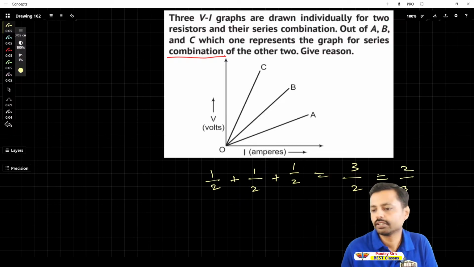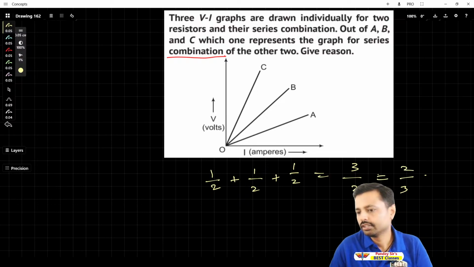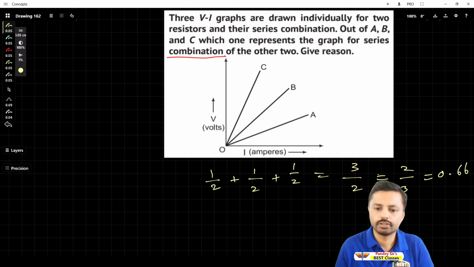So 2 by 3 will be smaller than 1, 0.66 something. In the series it will increase. So resistance is decreasing means current is increasing.